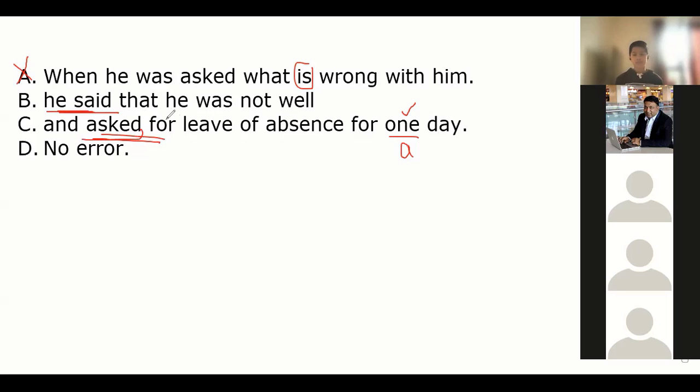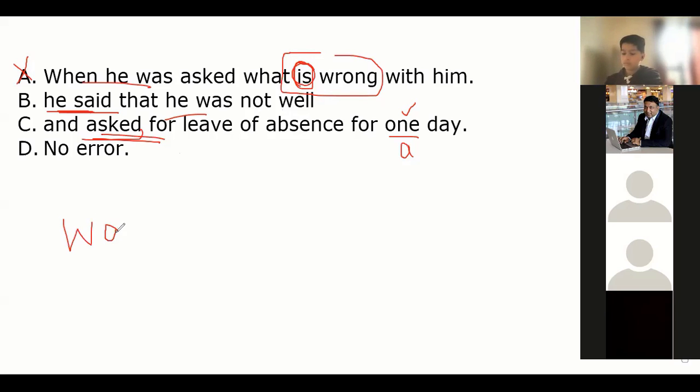When we are telling something in the past, we cannot use present like this. So when he was asked what was wrong with him, the main reason is that the whole thought is about the past. So we cannot say "what is wrong with."